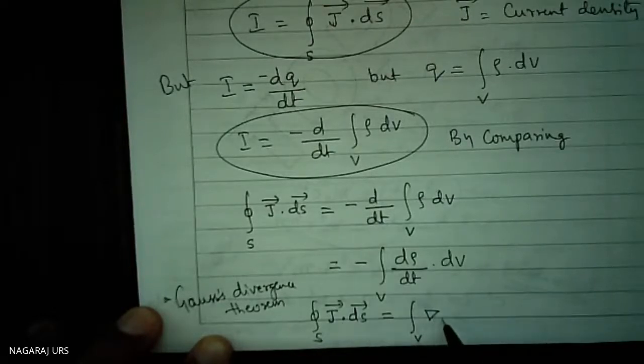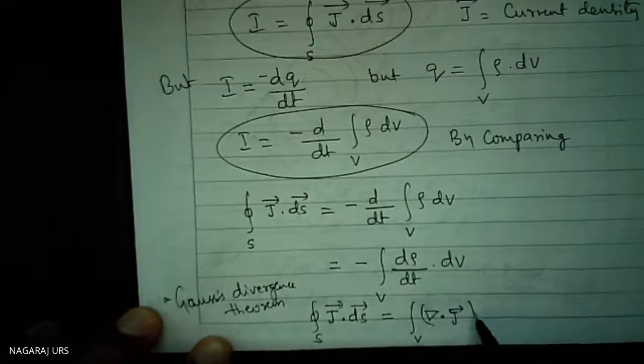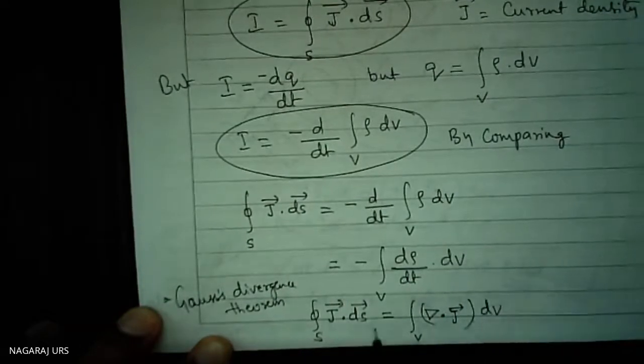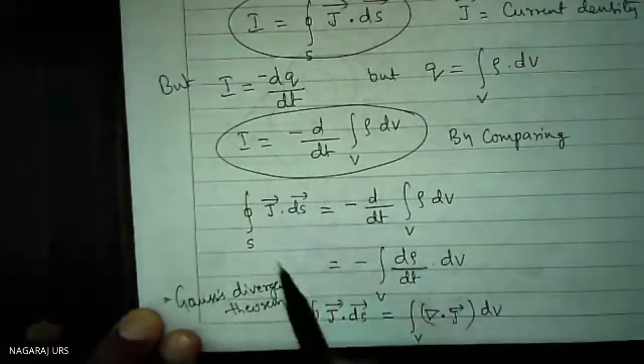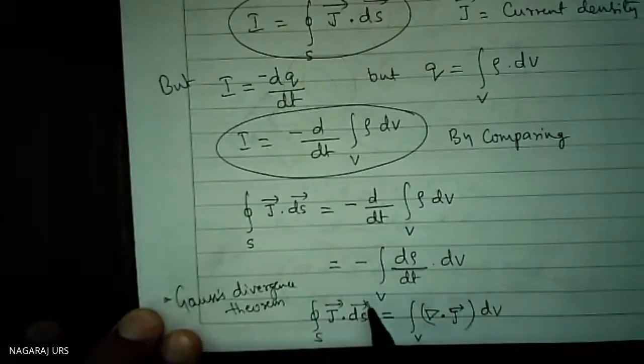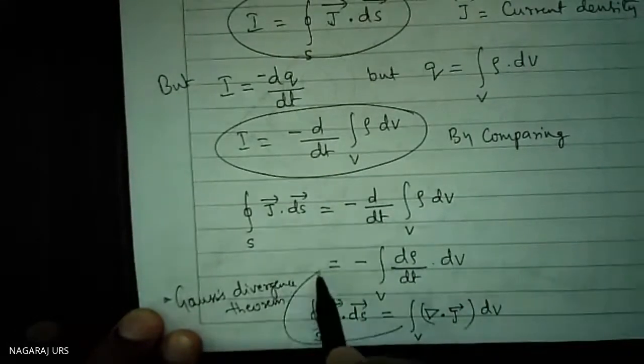This is a dot product. So a surface integral has been converted into a volume integral. I am going to substitute this value here.